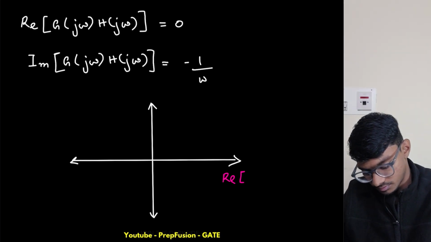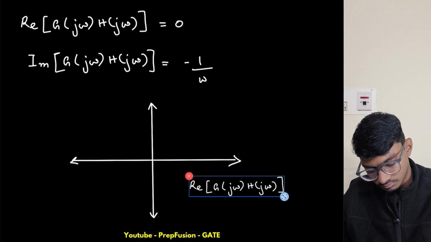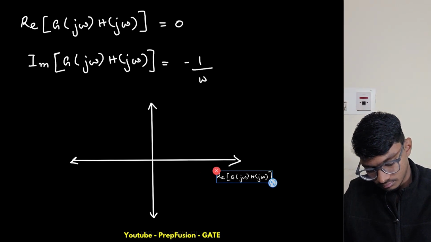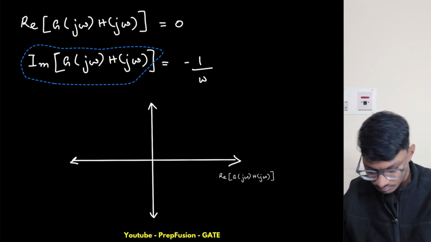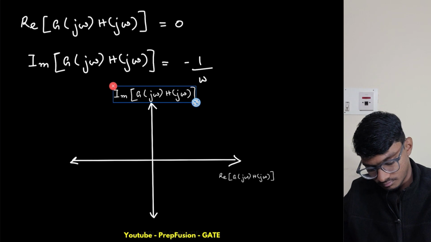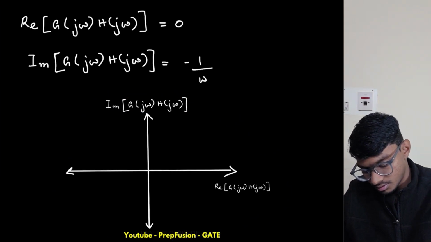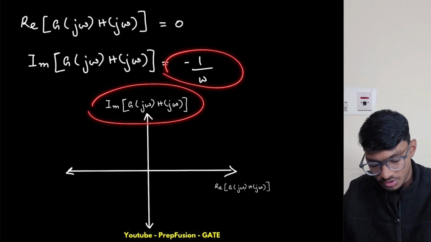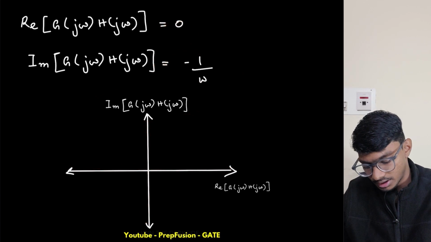Let me copy this from here itself. The imaginary component is always negative and real is 0. So I'm not lying here, I'm always lying on this axis, and it is always negative.